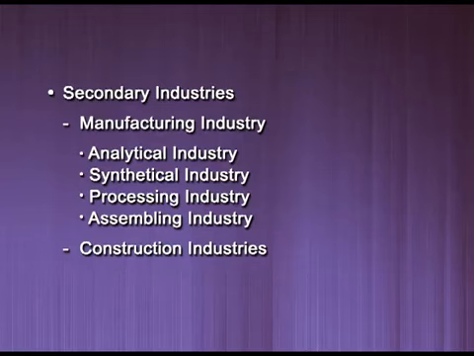So, we can say the primary industry is the first type of industry. The second type of industry is secondary industry. All those materials that are produced or extracted by the primary industry are used by the secondary industry for the further improvement to make the finished products.